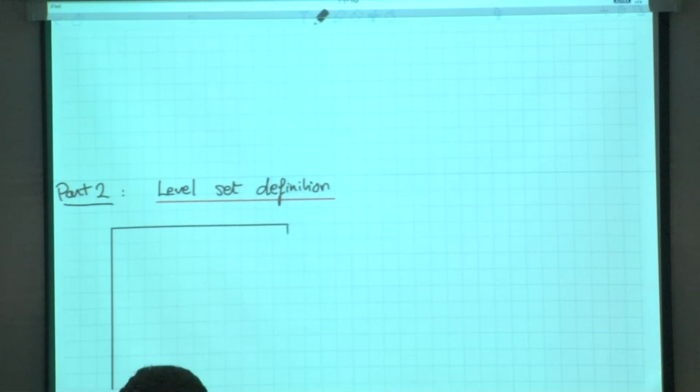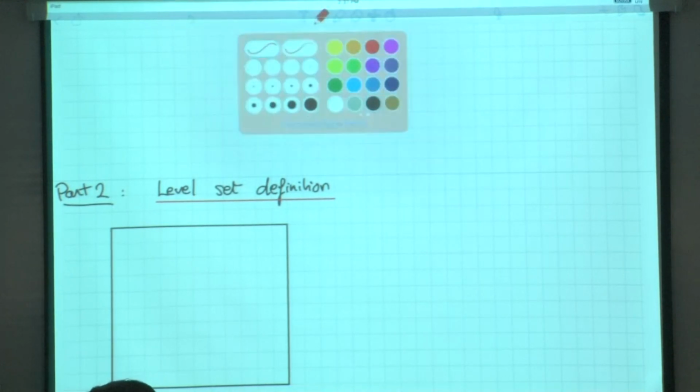Imagine you're looking at a map. And what we're going to say is that we have some interface.